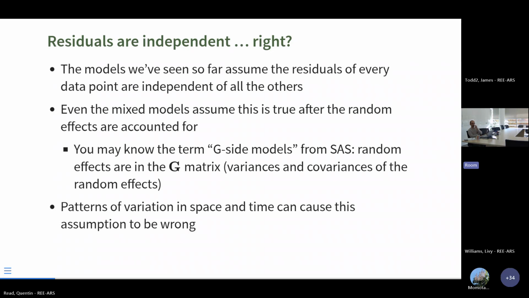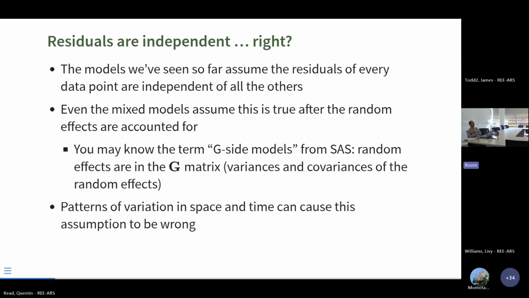Well, this means that we're going to have to make a switch in our thinking of everything we've done so far, at least slightly. All the models we've done so far have had residuals. Residuals are like the error or the variation in the data that's left over after everything that can be explained by the model. And every model that we have done in this course has assumed that any one data point's residual is independent of any other.